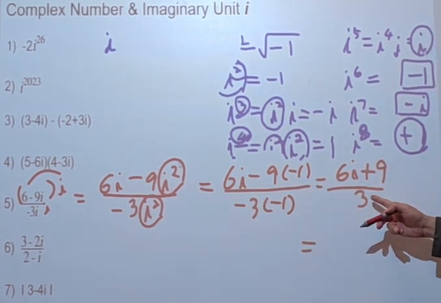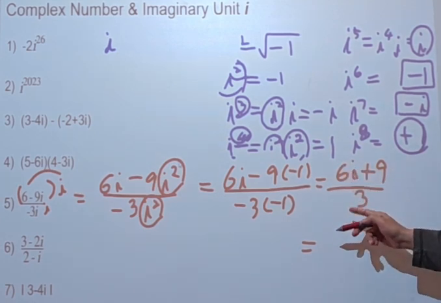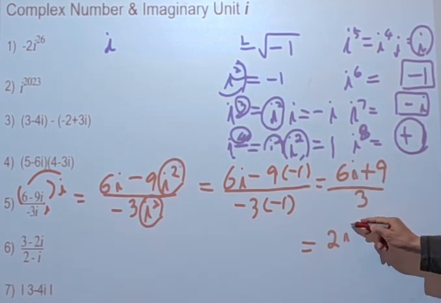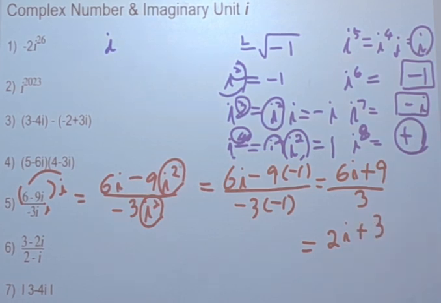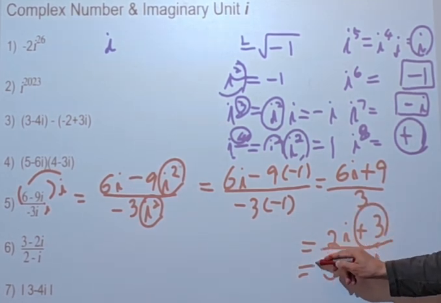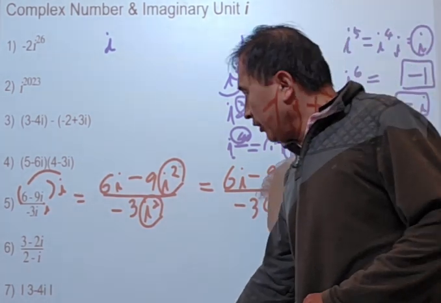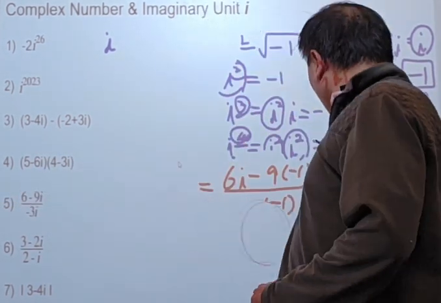That one I can simplify, divide both numerator and denominator by 3, then this is 2i plus 3, right? But we need to change it to a plus bi form all the time. So I'm going to write this one first: 3 plus 2i. That's the final answer. A plus bi form all the time, you need to change it. Okay?